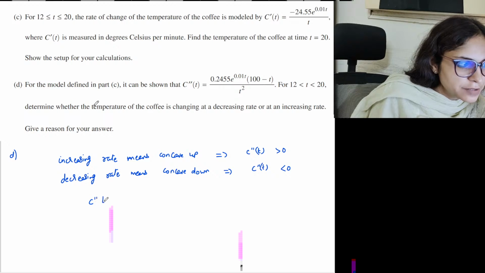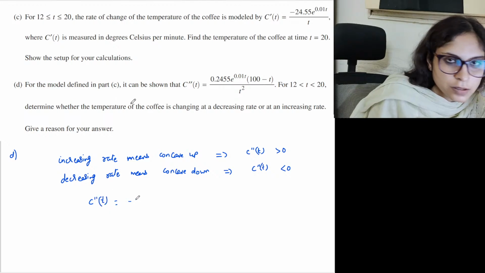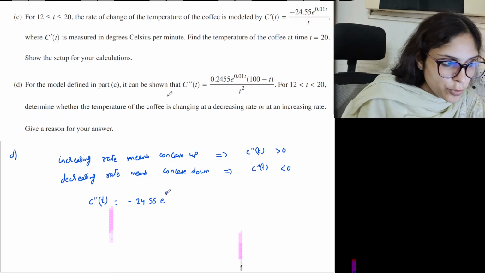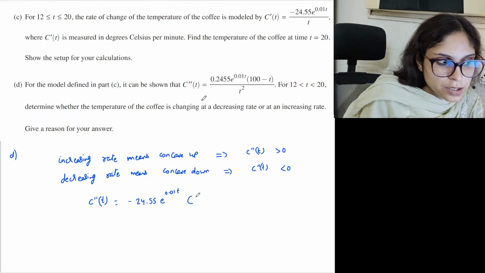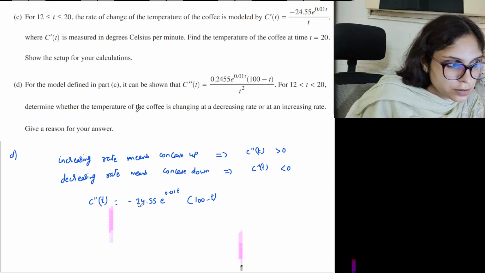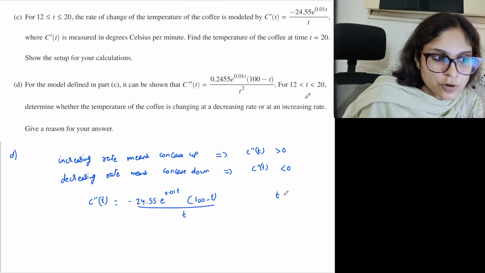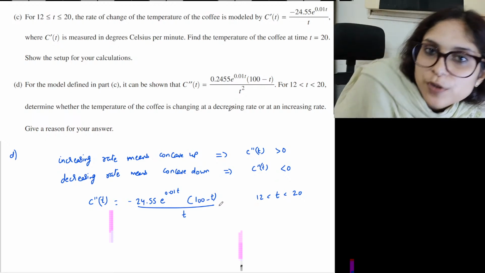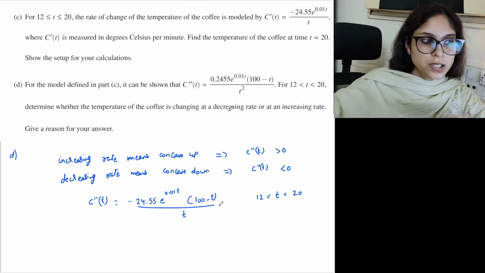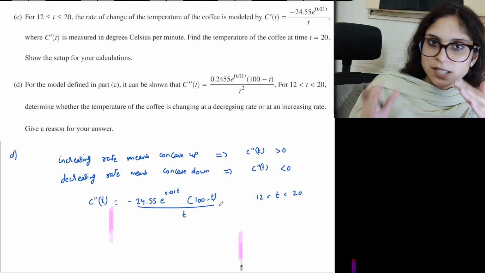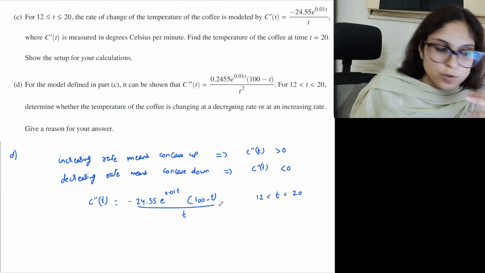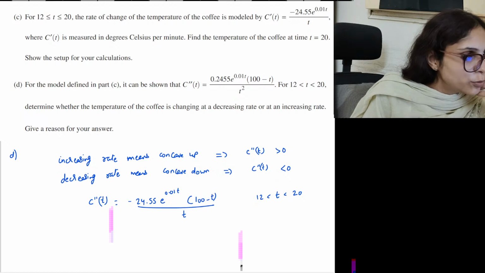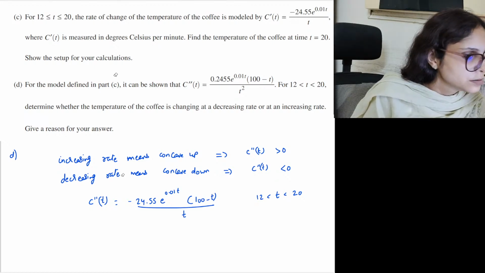And now C double derivative is given as 0.2455 e to the power 0.01 t times 100 minus t over t squared, and time is from 12 to 20. Now if you see, 100 minus t is going to be positive because you're only going from 12 to 20. So 100 minus t is a positive number because t is less than 100. t is also positive.